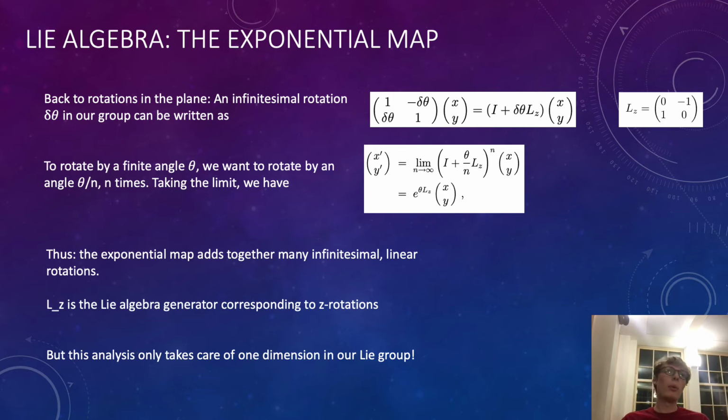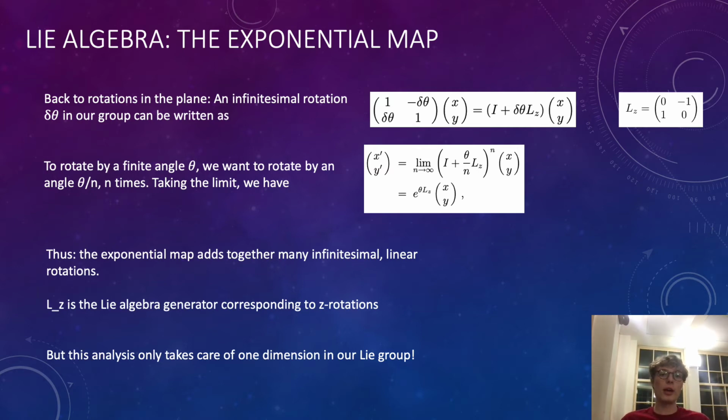Now, if we want to take this tiny rotation and make it into a finite rotation, we can simply take a limit as that differential goes to 0 and apply that a number of times around this angle theta, and it turns out that when we write this equation out, we get the limit that we're all familiar with that gives you the exponential mapping, e to whatever element you have there.